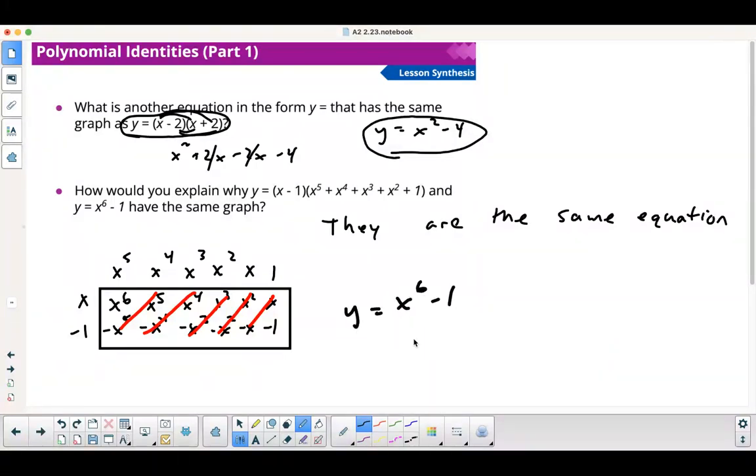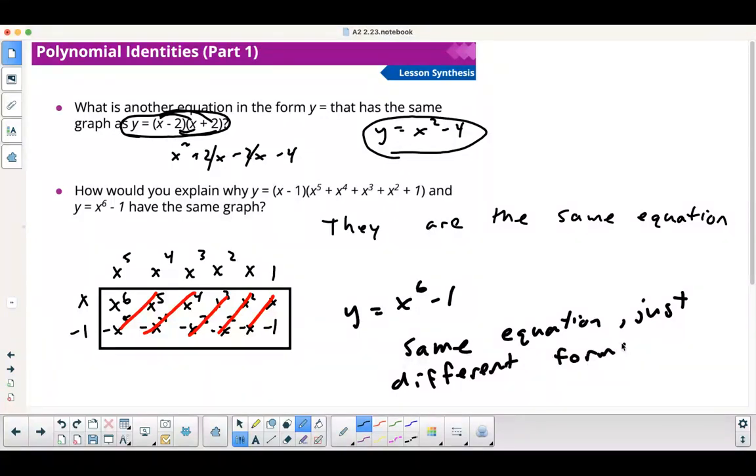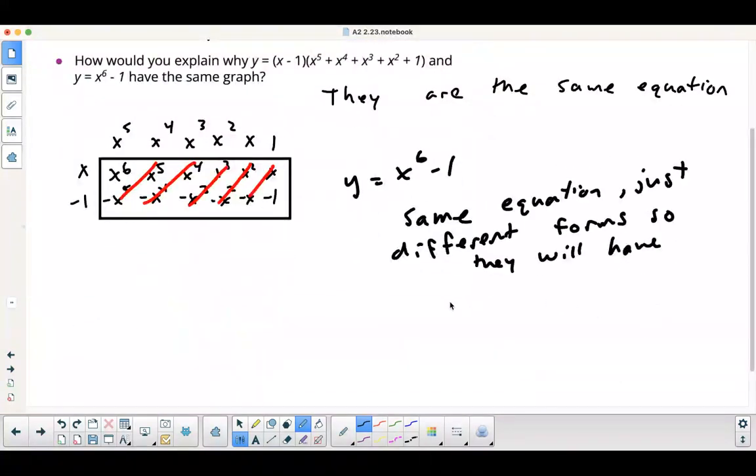So they're the same equation, just different forms. So they will have the same graph.